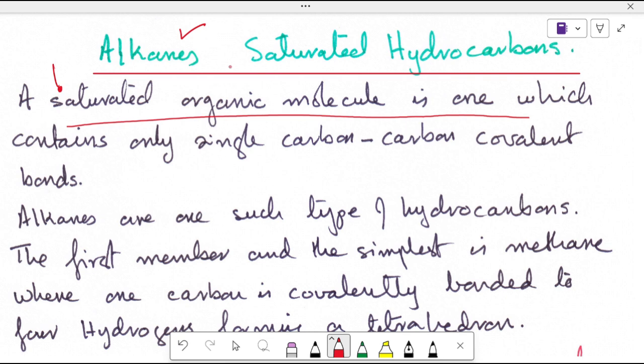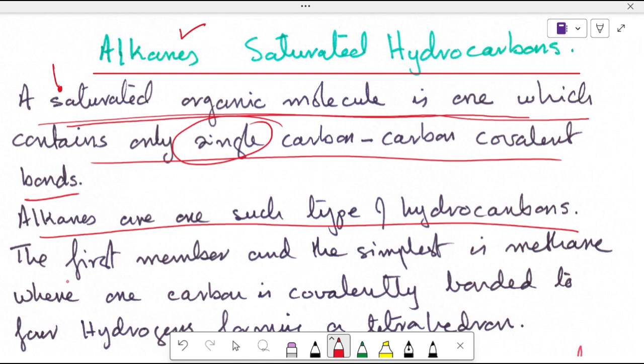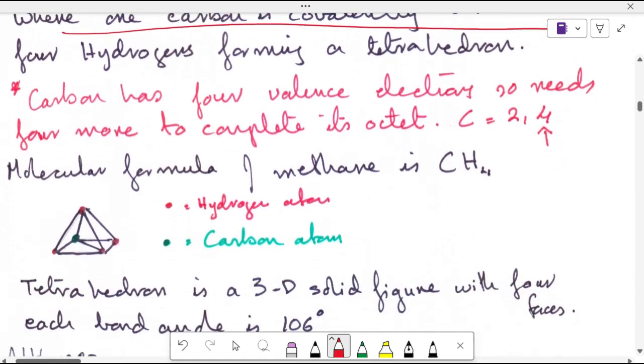Now, its definition: a saturated organic molecule is one which contains only single carbon-carbon covalent bonds. Alkanes are one such type of hydrocarbon. The first member and the simplest is methane, where one carbon is covalently bonded to 4 hydrogens forming a tetrahedron.